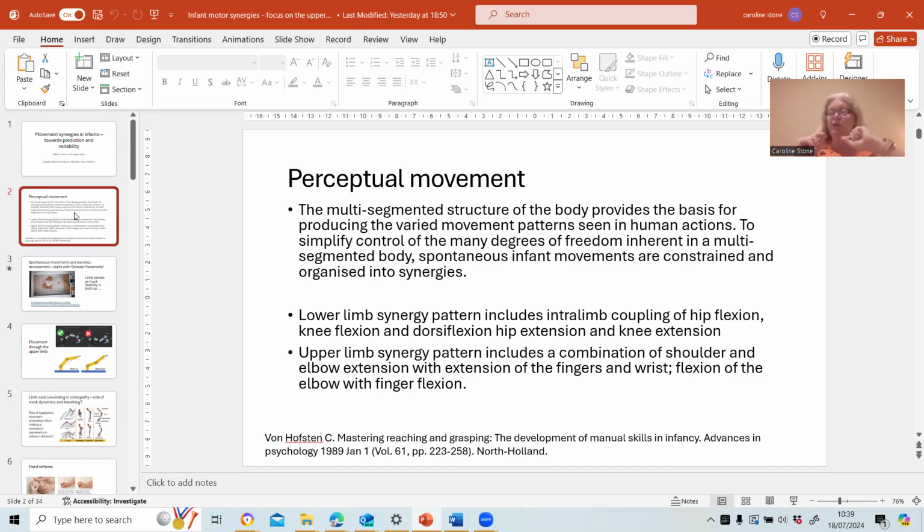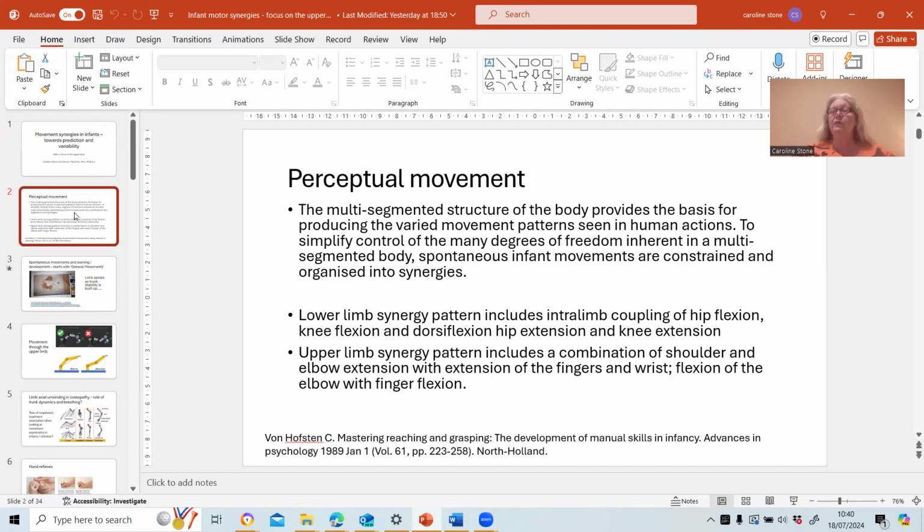To have a perceptual process, a sensory processing dynamic to include many segments requires a lot more brain processing power, if you like. And so this takes a lot of training up, and so you have to start with some smaller movements in some areas, some general movements, and so the infant gradually learns to manage their trunk and then their proximal limbs onto the trunk, and then within the one limb, between the limbs, between arms and legs, as well as between both arms.